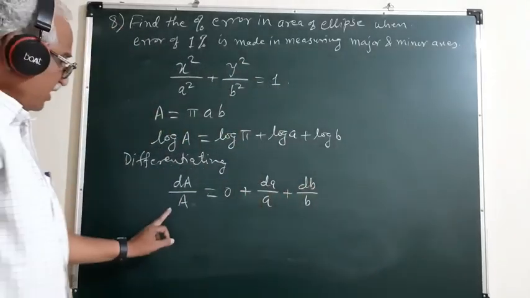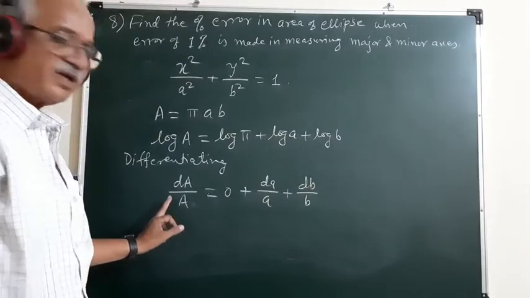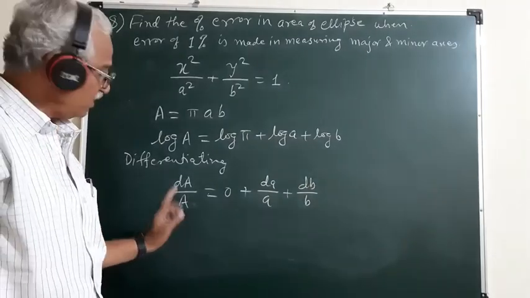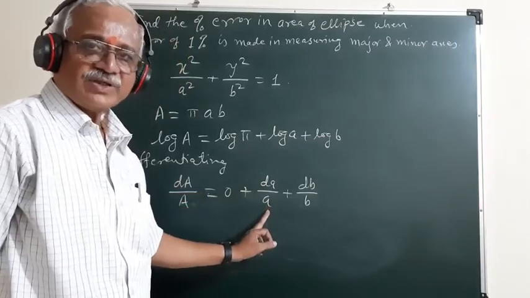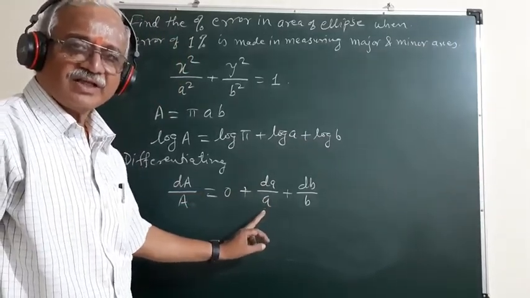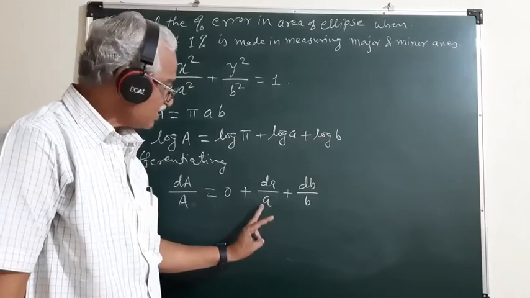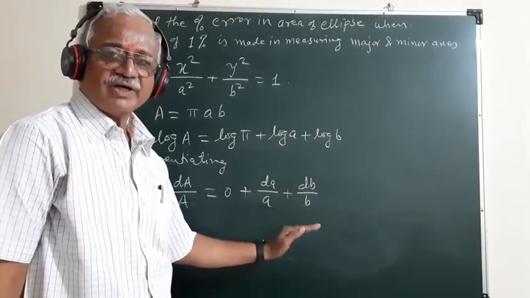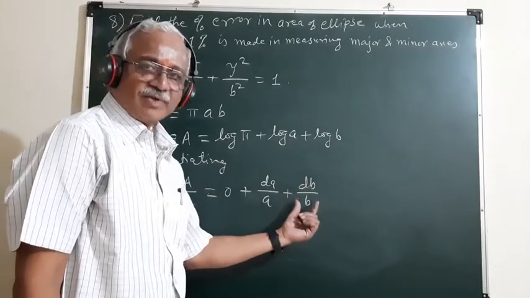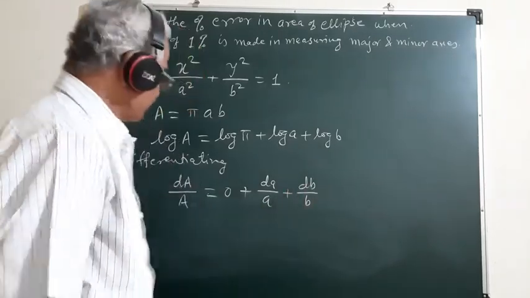So dA by A gives the relative error in the area of the ellipse. da by a gives the relative error in the measurement of the semi-major axis, and db by b gives the relative error in measuring the semi-minor axis.